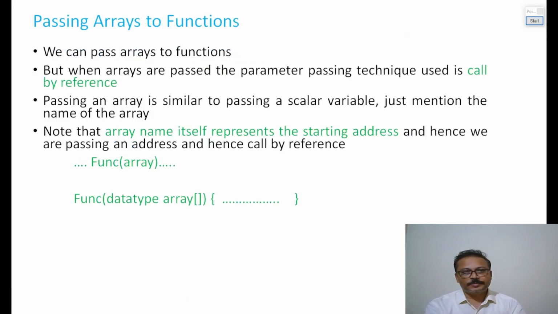Passing arrays to functions also. As I mentioned, arrays are passed by default using the call by reference parameter passing technique. But how is it done? Say if array is the array name, then while invoking the function you just specify the array name.